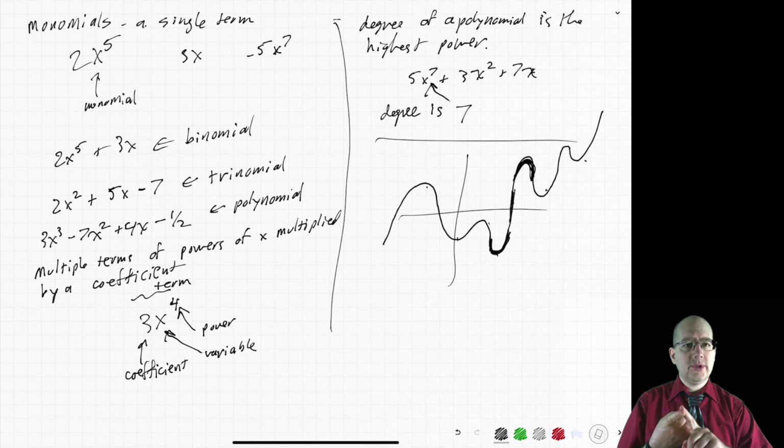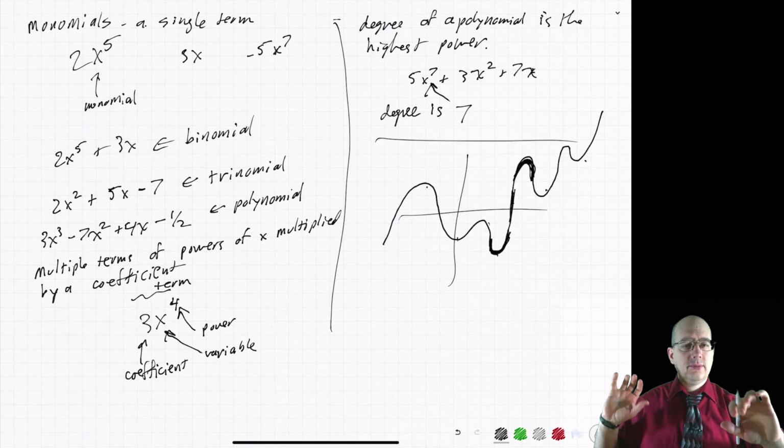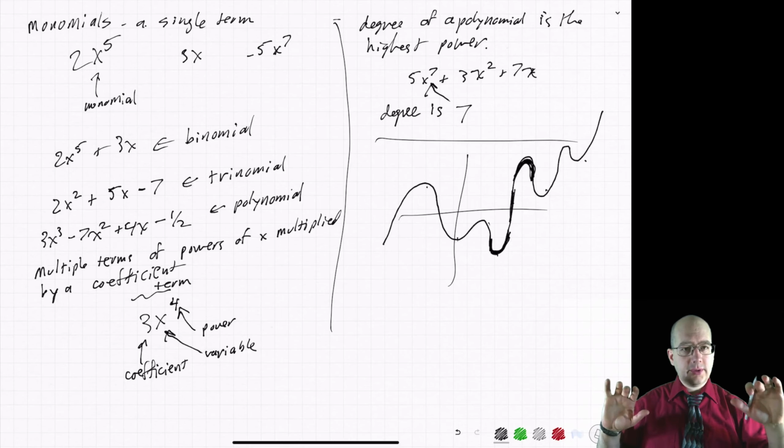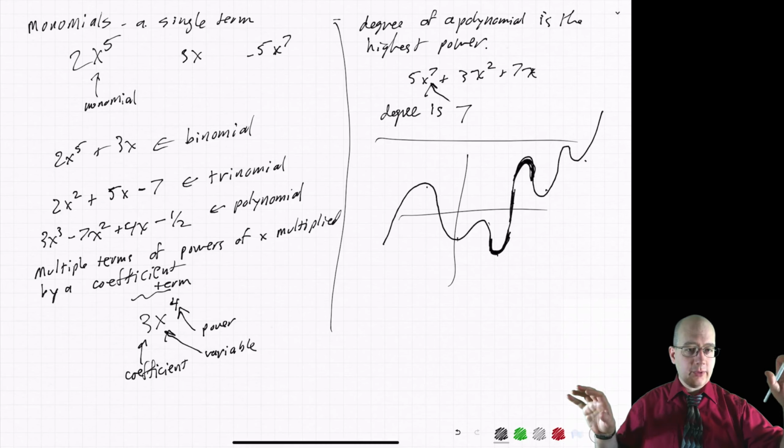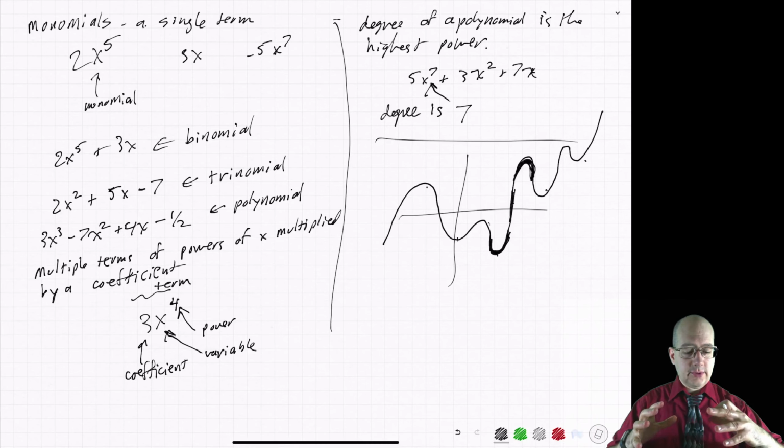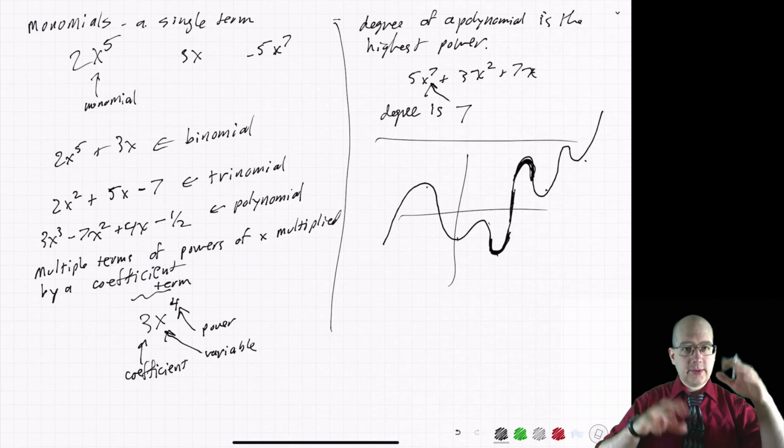So what is it doing far away from the origin? Is it going towards infinity or negative infinity? It will look like the leading term, the highest degree term, far away from the origin. And then near the origin, it'll have the maximums and minimums and the roots, the zeros of the polynomial.